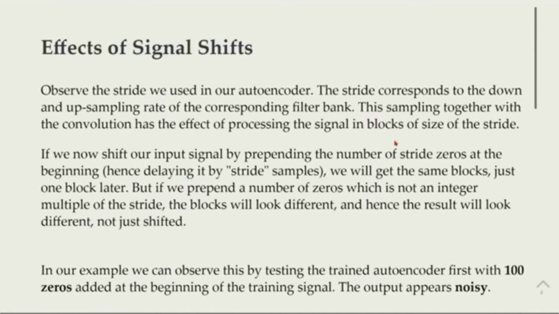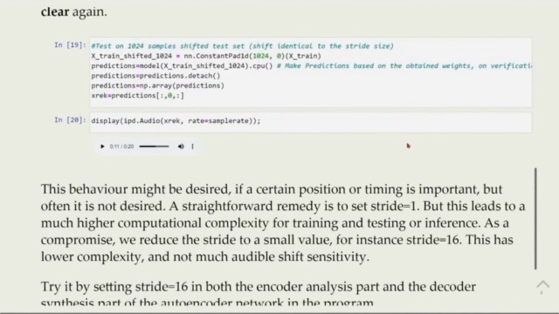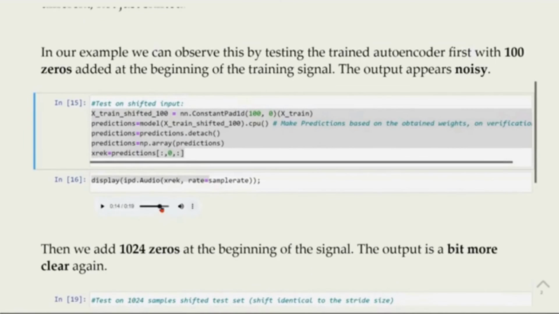So we are now shifting the input signal by prepending a stride number of zeros at the beginning, delaying it by stride samples. And we are going to listen to this also. Well, let's compare.